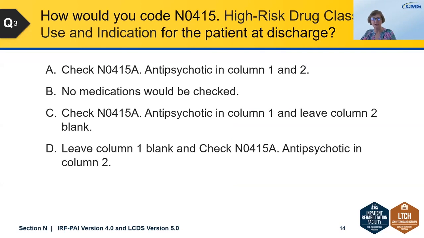Would you check A, N0415A, antipsychotic, in column 1 and 2? Or B, no medications would be checked? C, you would check N0415A, antipsychotic, in column 1 and leave column 2 blank, or D, leave column 1 blank and check N0415A, antipsychotic, in column 2.